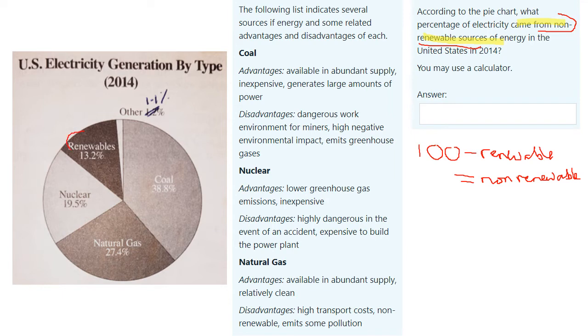The renewables are here, 13.2%. So 100 minus 13.2 would give us the answer 86.8. So the correct answer is 86.8. You don't need to write the percentage, you only need to write the number.